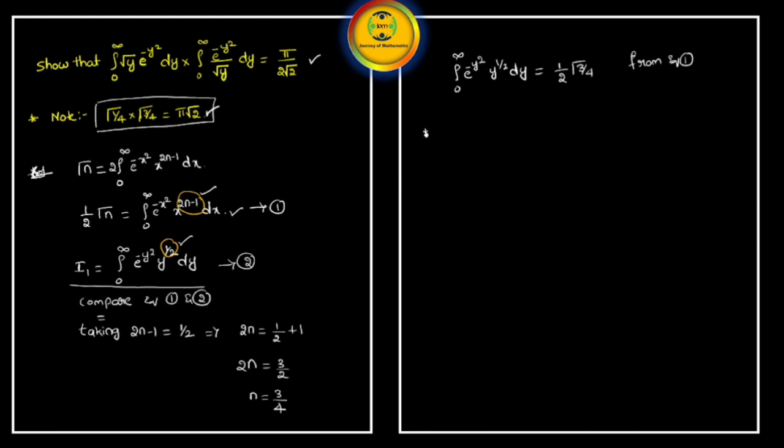In the same way, I need to calculate I2. I2 is nothing but integral 0 to infinity e power minus y square into 1 by root y dy. Suppose I rewrite I2 as integral 0 to infinity e power minus y square into y power minus 1 by 2 dy, since 1 by root y can be written as y power minus 1 by 2.